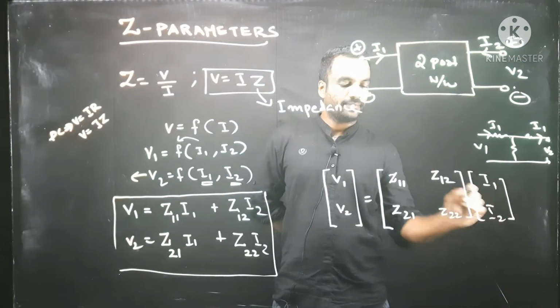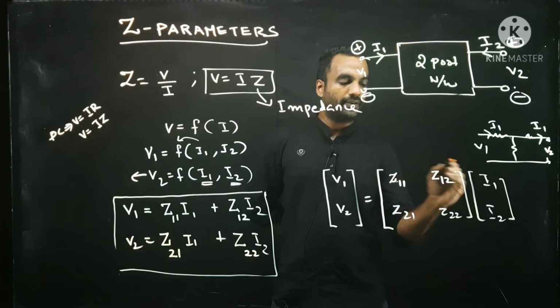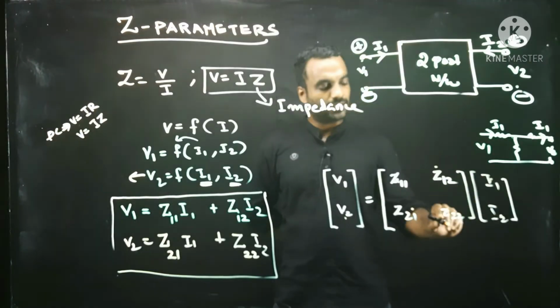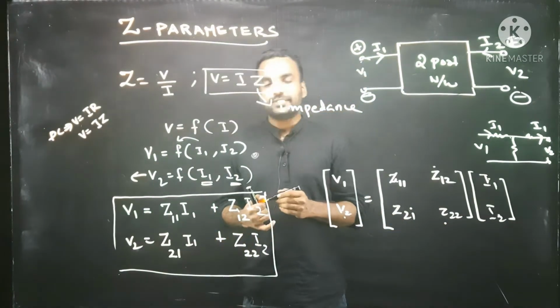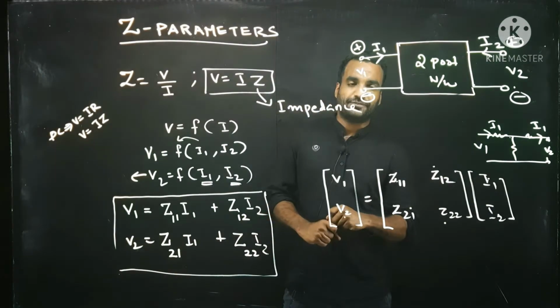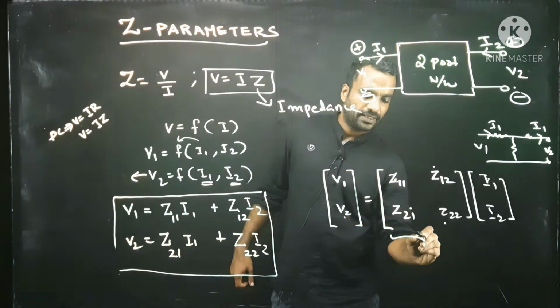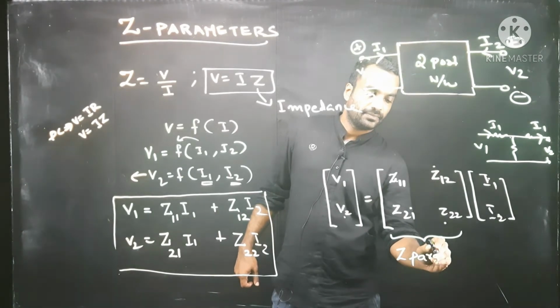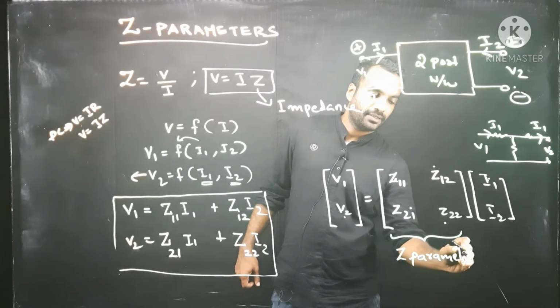Is it okay? V1 is equal to Z11 I1 plus Z12 I2. V2 is equal to Z21 I1 plus Z22 I2. So this is the representation of the Z parameters, and this is the Z parameter matrix.